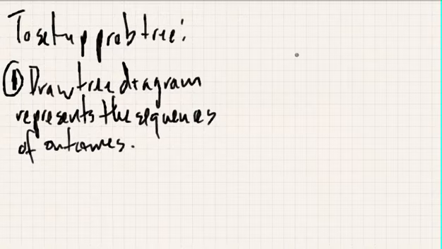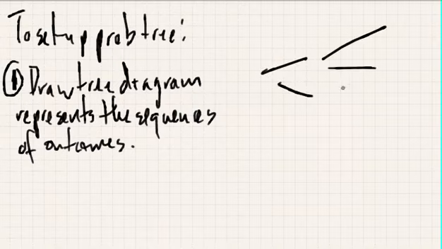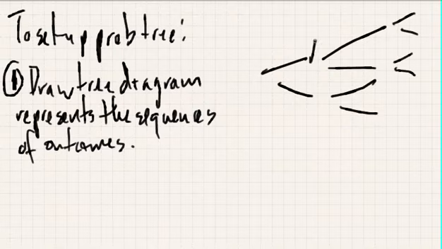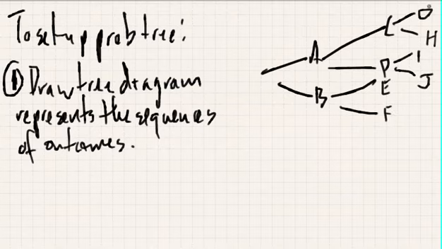And let me sort of represent that up here. It could just keep going, whatever. A, B, C, D, E, F, G, H, I, J, whatever.